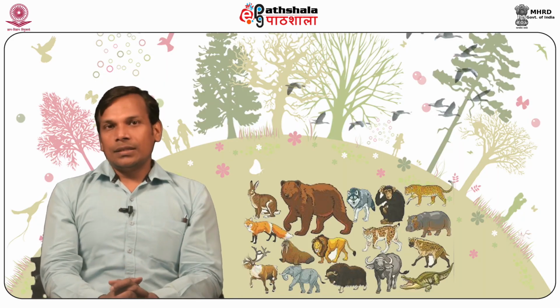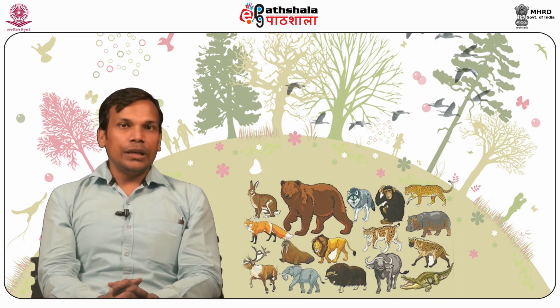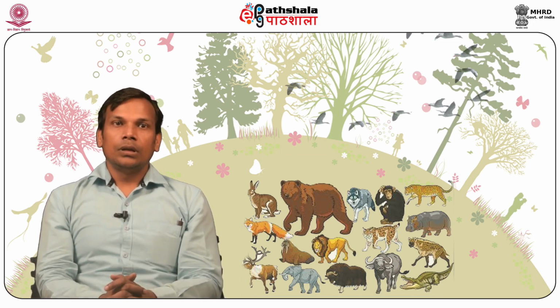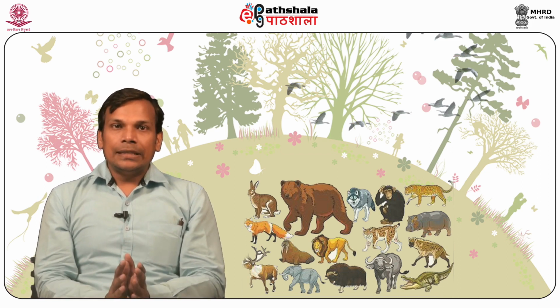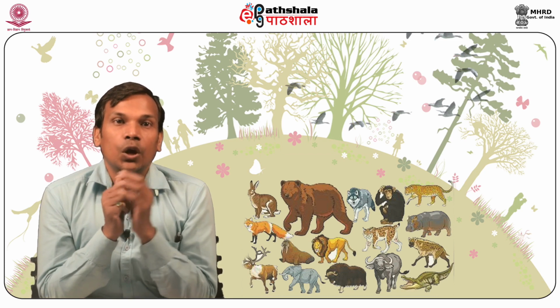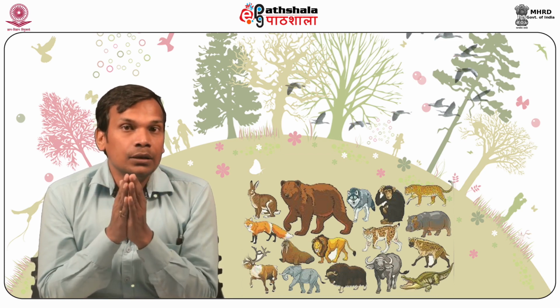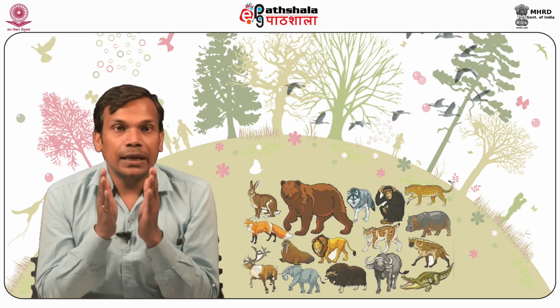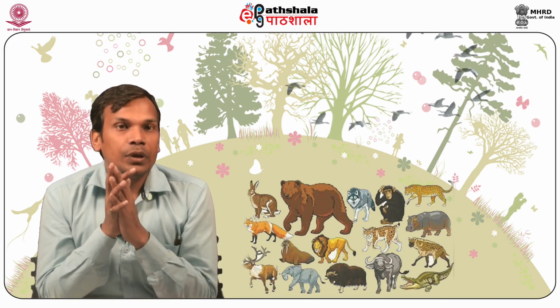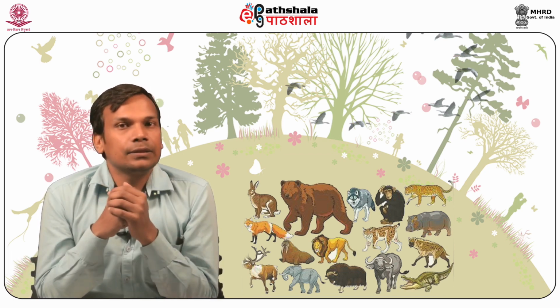So, students, let us now summarize what we have learned in this module. A population is an assemblage of individuals of a species which potentially interbreed and occupy a particular space at the same time. The population has several characteristics.